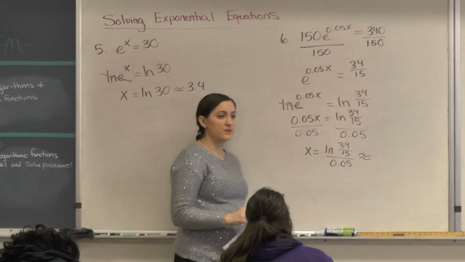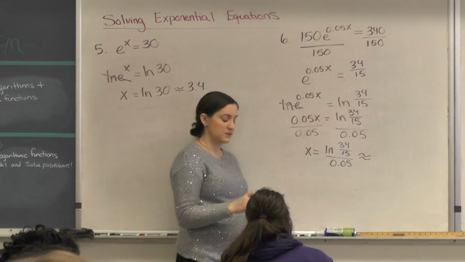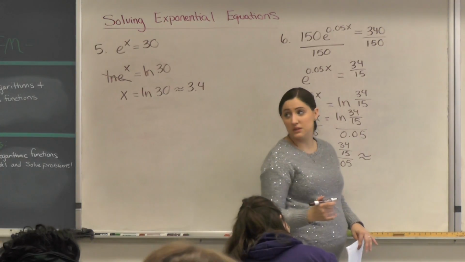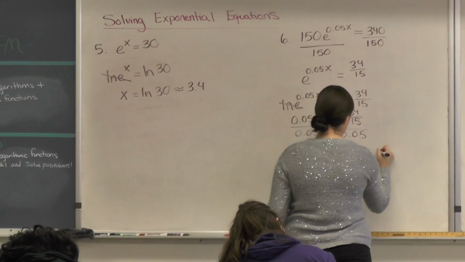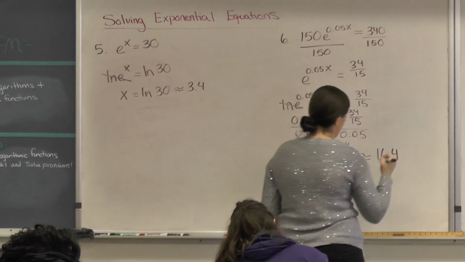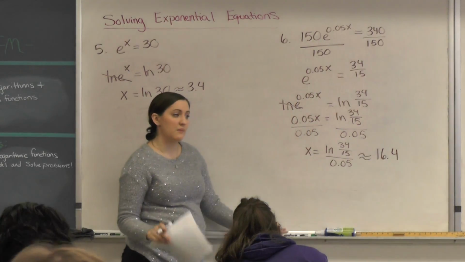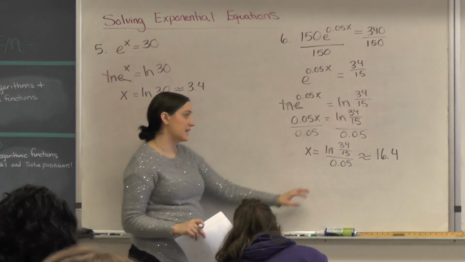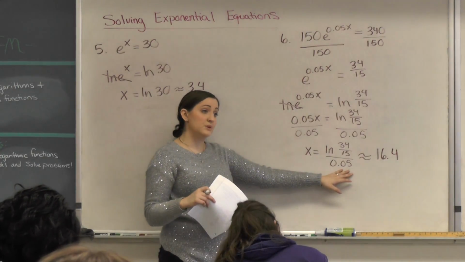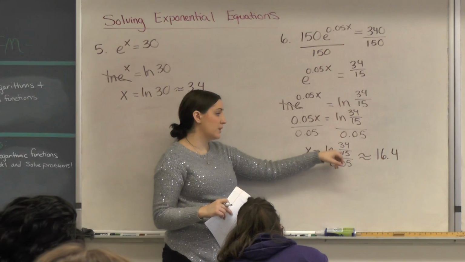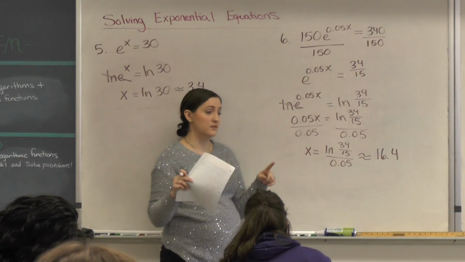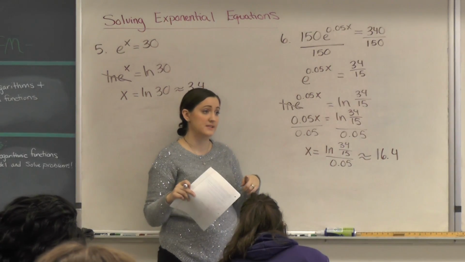Anybody else get anything other than 26? I got 16.4. Okay, that's what I say. Make sure you're typing this into the calculator correctly. The way I would do it is I would say ln of 34 divided by 15, all in parentheses.